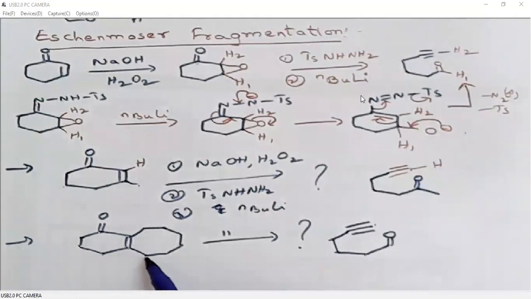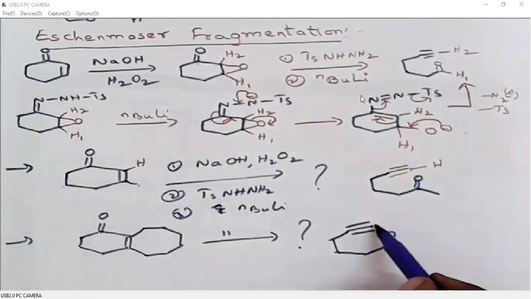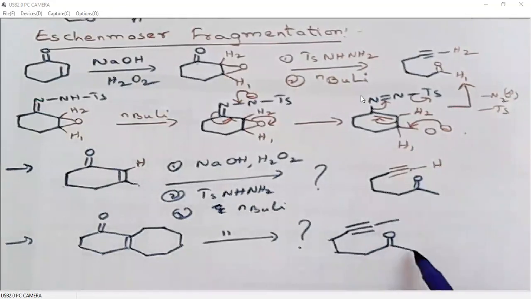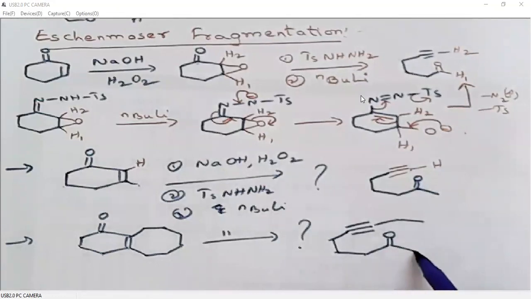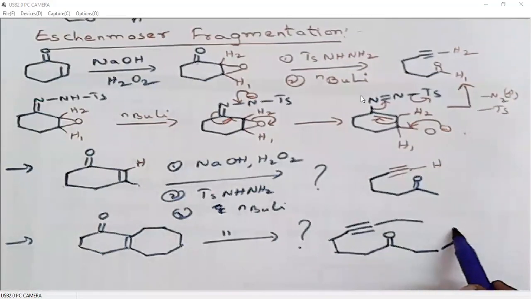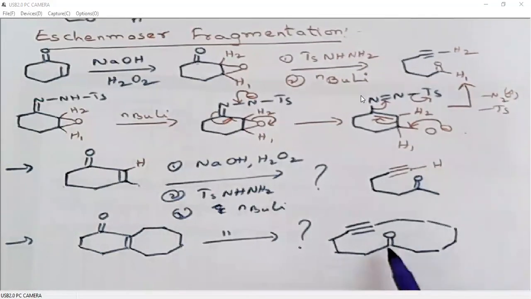Then how many do we have from the carbonyl? Okay, leave the carbonyl. 1, 2, 3, 4, 5, 6. So there are 6 carbons here. So we need to write 6 carbons. 1, 2, 3, 4, 5, 6, and count. 1, 2, 3, 4, 5, 6.